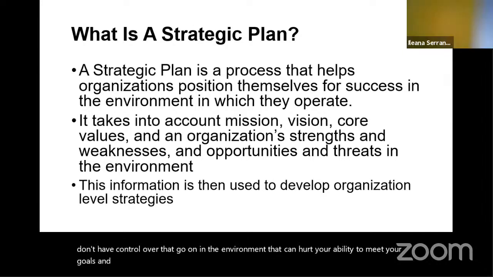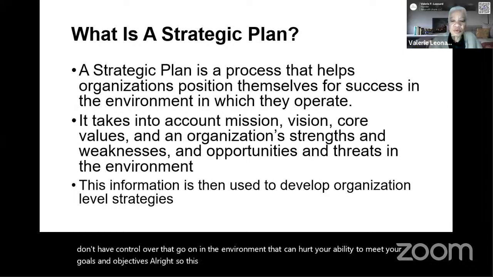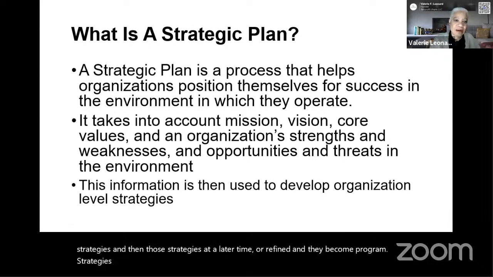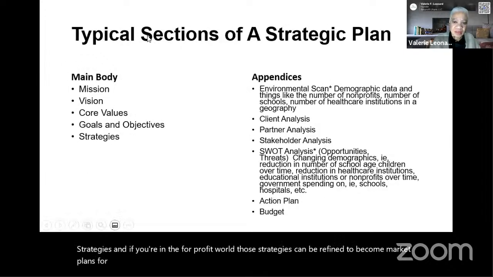This information is then used to develop organization level strategies, and those strategies at a later time are refined and become program strategies. And if you're in the for-profit world, those strategies can be refined to become market plans for products and services.